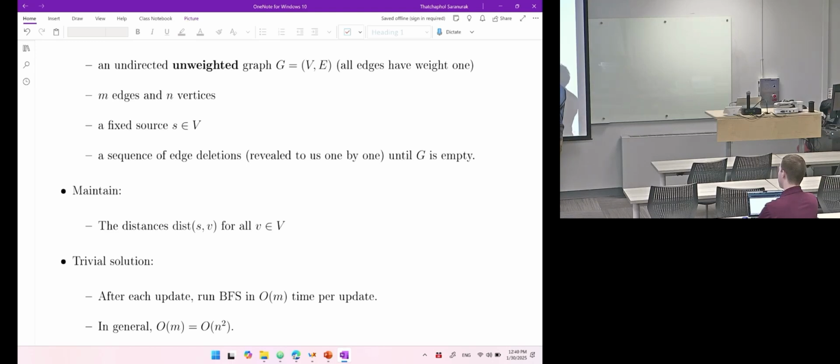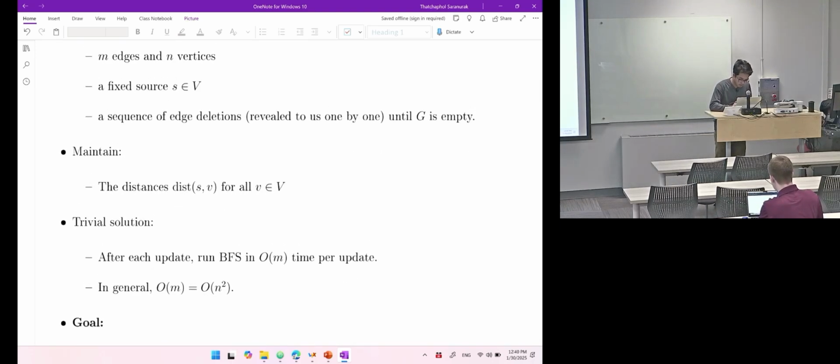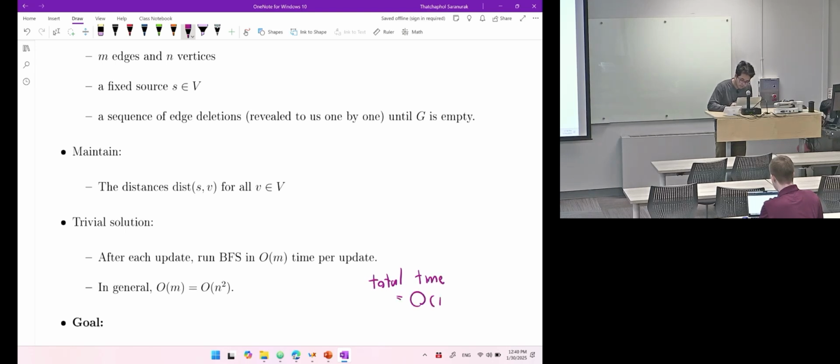So the total time is then basically m squared.